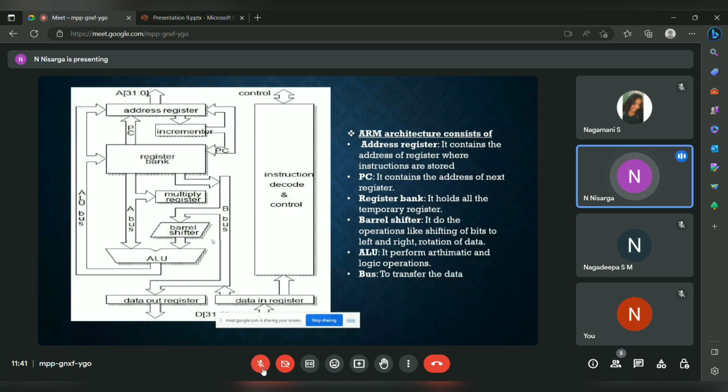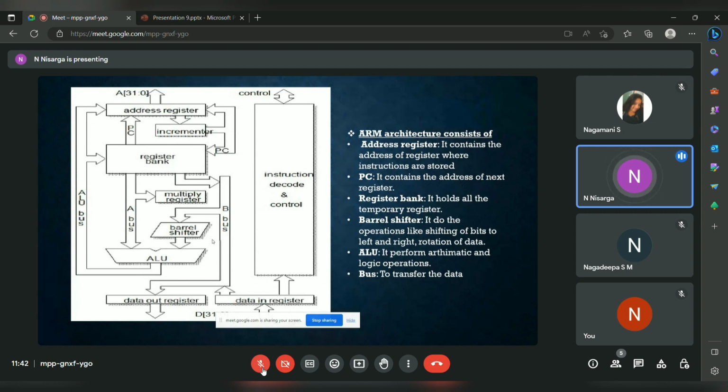The ALU performs arithmetic and logic operations, buses transfer the data, the instruction decoder and controller decode and control the instruction, and data out registers are the ones through which data is sent and received.